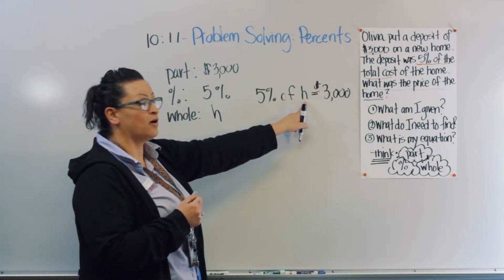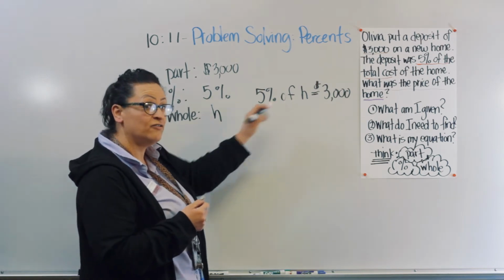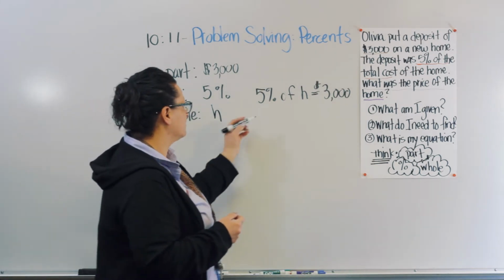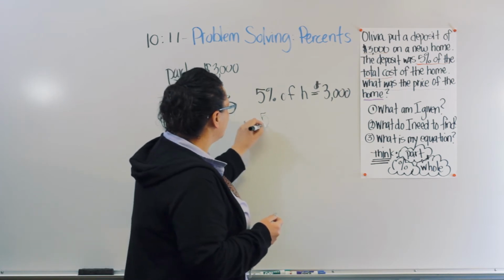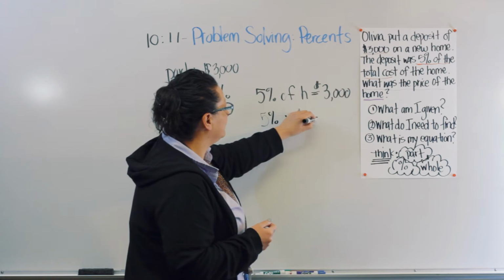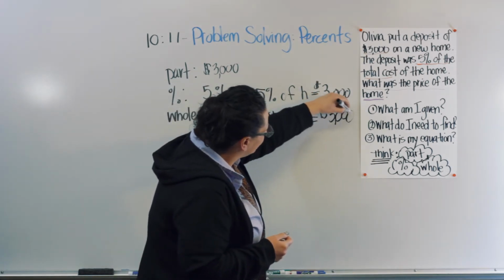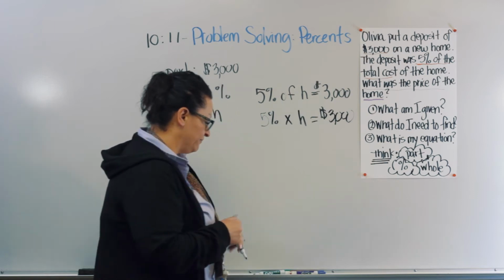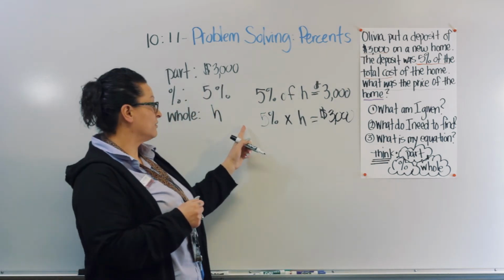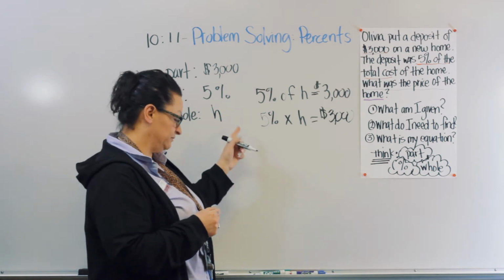I need to solve for H, for house, okay? We know that of means to multiply. So if I rewrote this as 5% times H equals $3,000, right? Okay, so I have that. Now, we also learned to work with our percentages, we have to change that 5% into a decimal, okay?